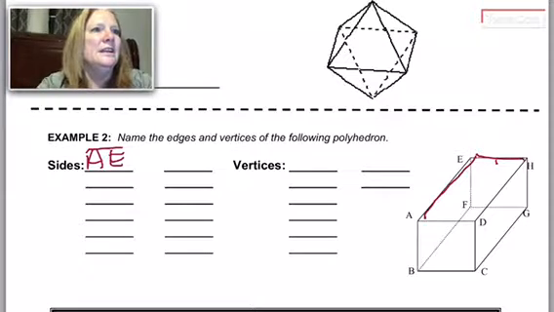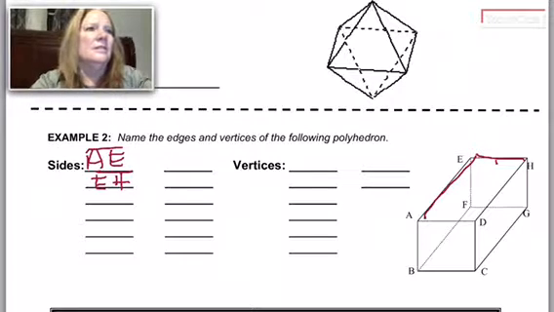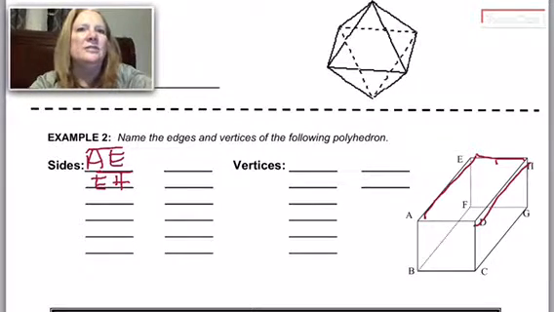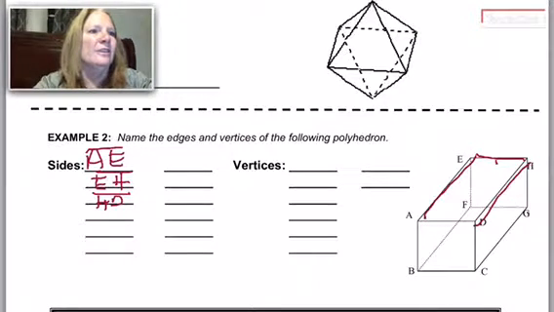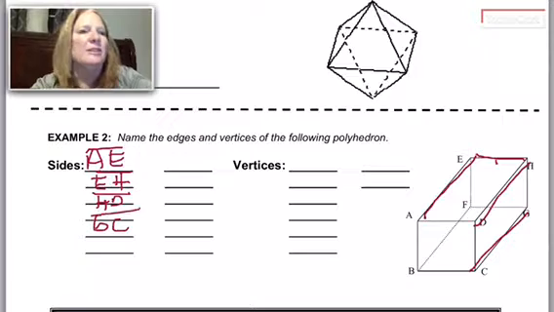We have EH. We have HD. Be sure to put your little line segment line over it. We have GC, BC, that's a G. But we're just going to go around and name all of these.